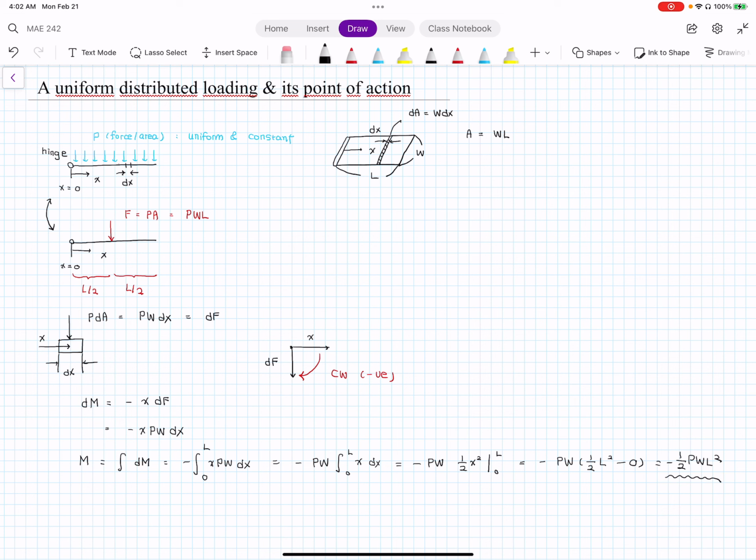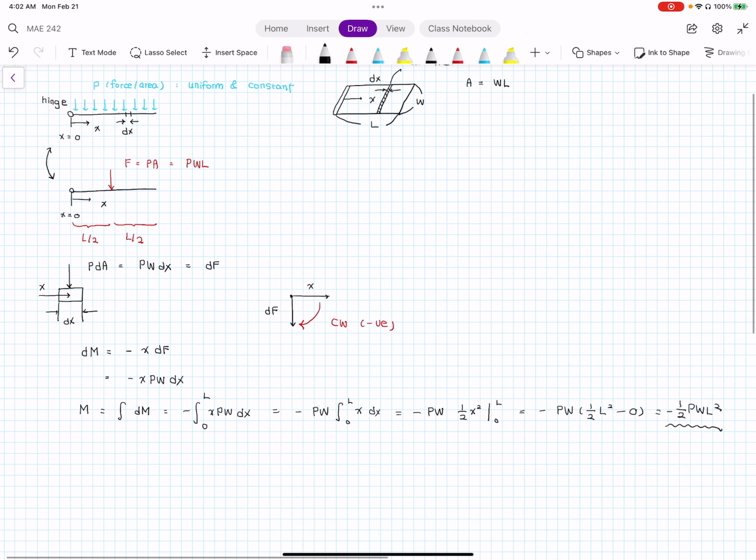So this is the total moment due to the uniform distributed loading around the hinge. So what about the second equivalent setup, which I'm showing here? What is the total moment generated by this force F around the hinge? If I take a look at this case, the moment of F with respect to x equal to 0 you can easily calculate. Its moment M sub F has a moment arm of L over 2, as we argued.